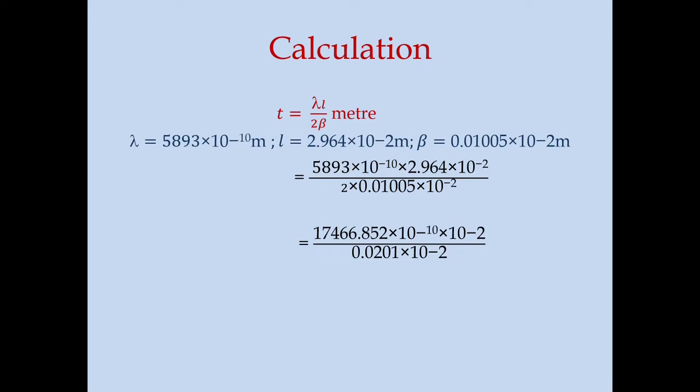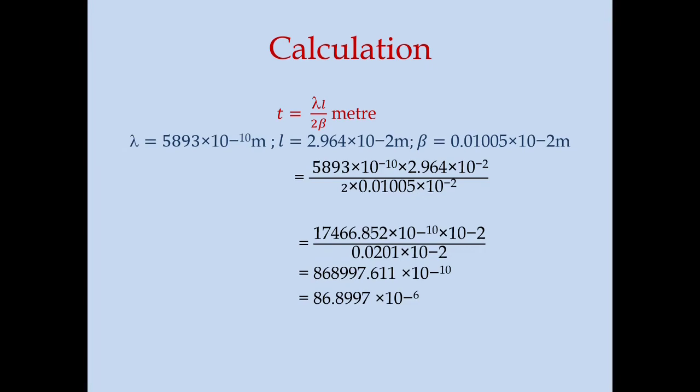See the powers. Next, let us multiply these numbers. 5893 into 2.964 will give you 17466.852, divided by 0.0201. I have clubbed the powers here. This 10 power minus 2 and 10 power minus 2 will get cancelled.